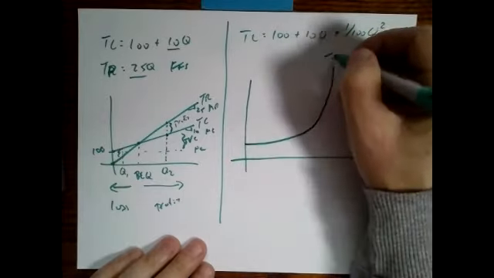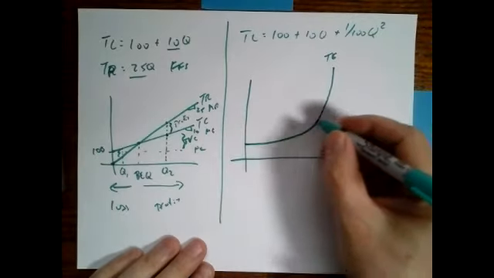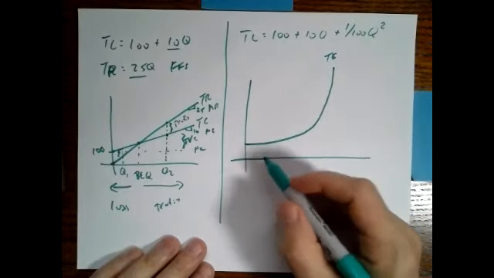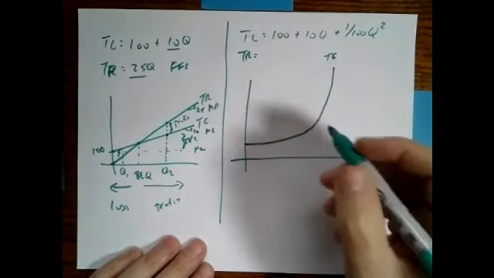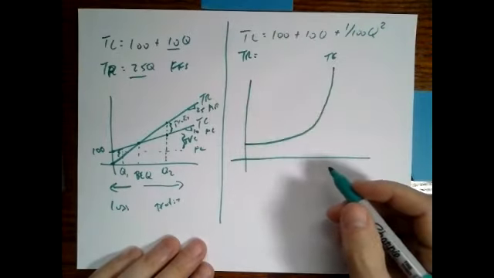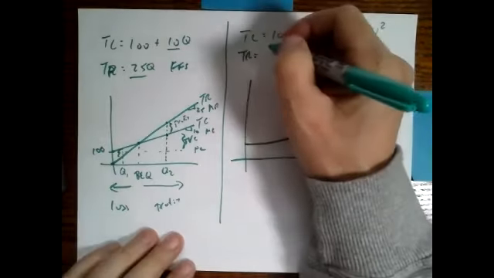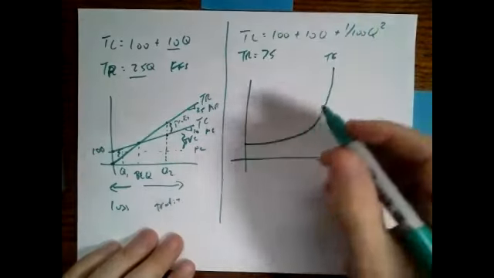So this is our total cost curve. We still have our fixed cost, and then our variable costs are increasing at an increasing rate. We still have our total revenue function of, say, I'm going to go with 75Q instead. Okay, so it doesn't really change anything.